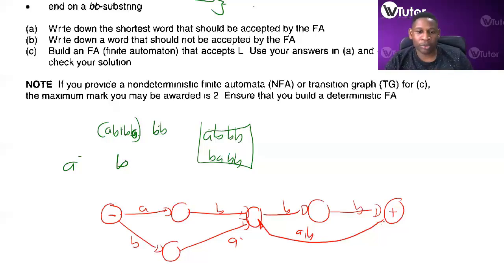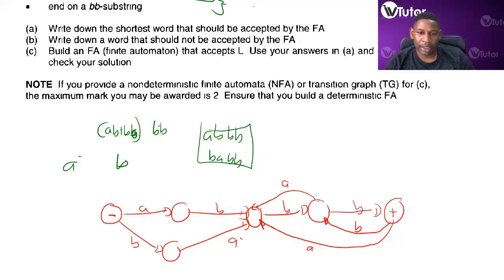Or rather, if you want to make it, let's do this. If you have a B, you can go there. If you have an A, you have to go all the way that side. Then if you're sitting here, you have a B going there. If you have an A, you have to go back this side. So at this point, you can have as many A's as you want.